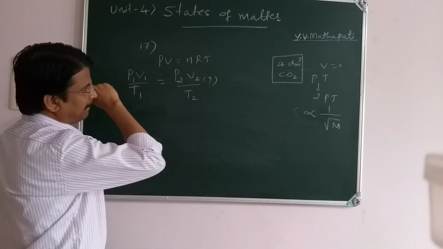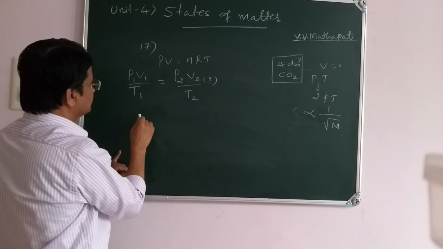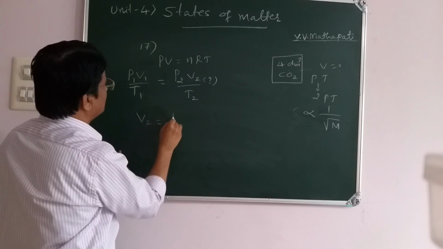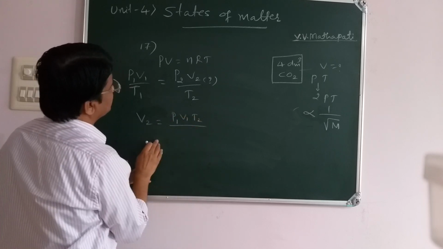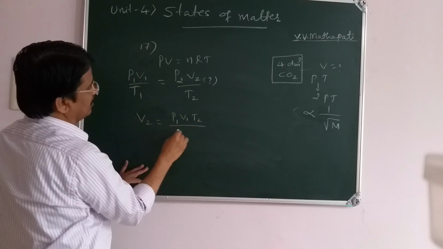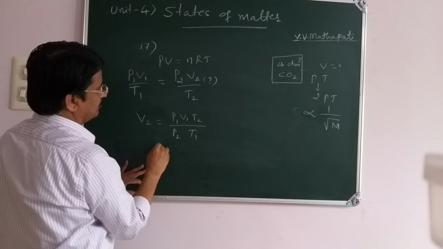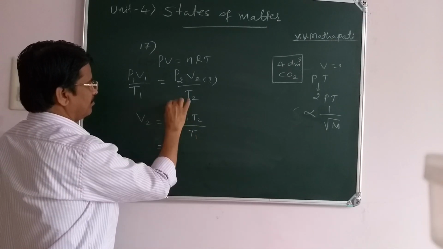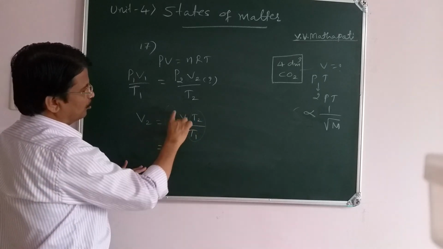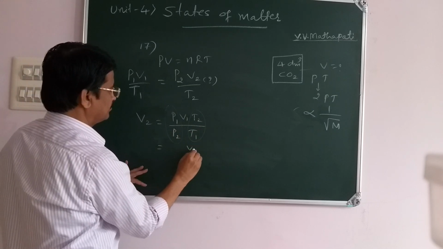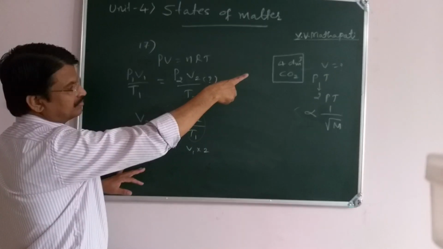Then rewrite the formula for V2: V2 equal to P1 V1 T2 by P2 T1. Okay, both are doubled, so consider the T2 by T1 value.